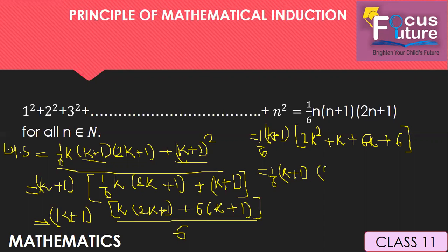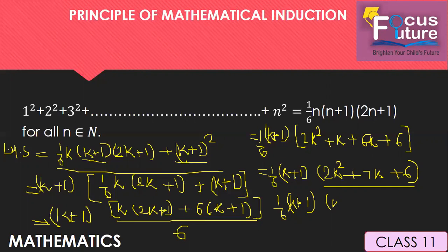then 2k square plus 7k plus 6. By middle term splitting of this term, you would get 1 by 6 k plus 1 and this would be k plus 2 into 2k plus 3, right?